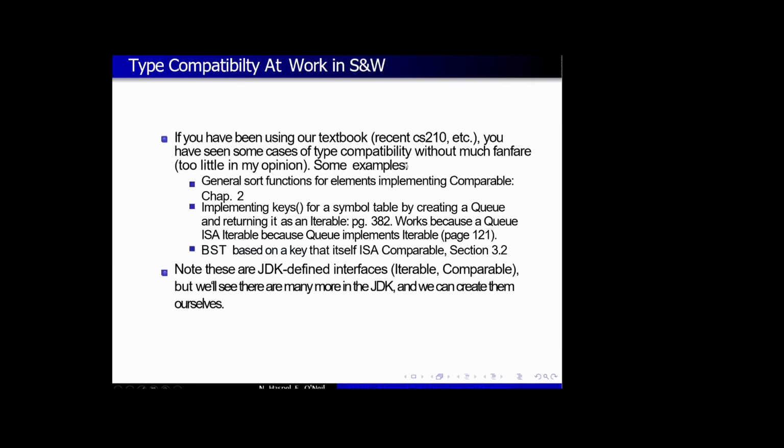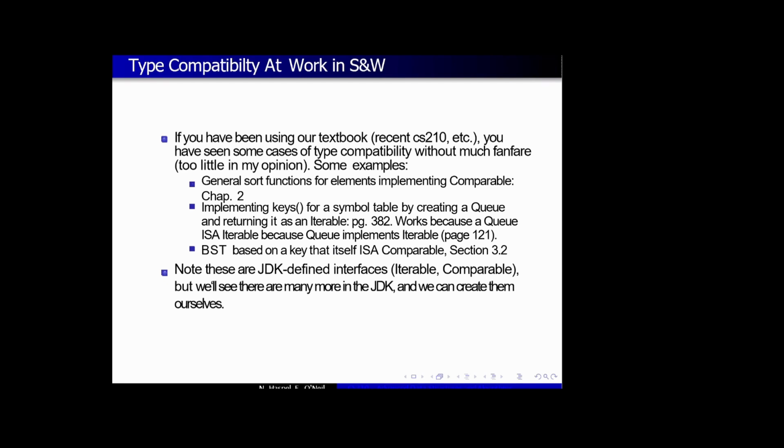Okay, so you have been using type compatibility using the textbook. As we mentioned earlier, Comparable. You used Comparable in chapter 2 in the sorting, showing how you can implement a function that sorts an array of Comparable, and then you can use that function to sort all kinds of objects as long as the objects individually are Comparable.